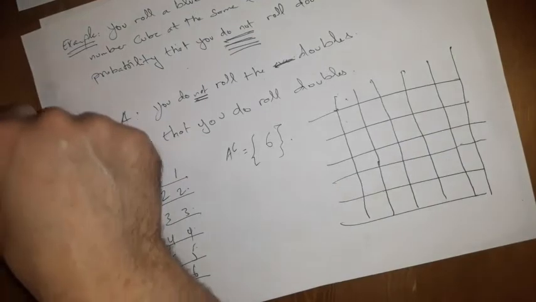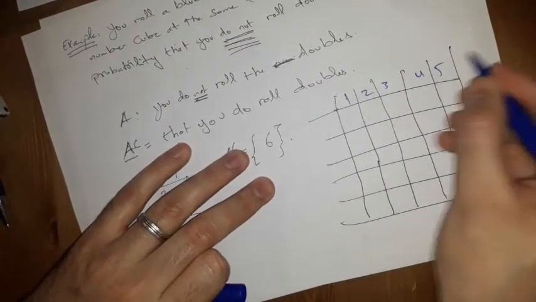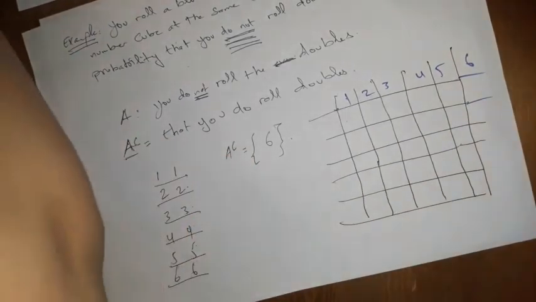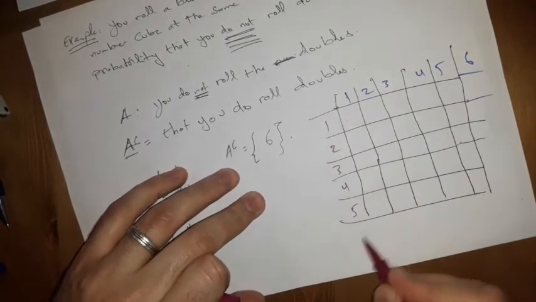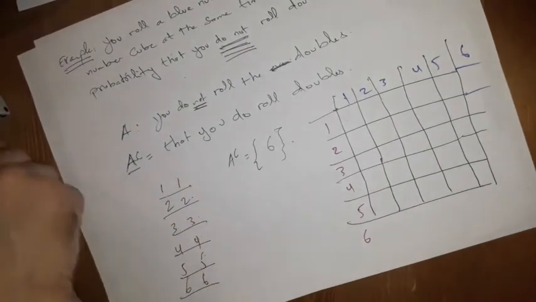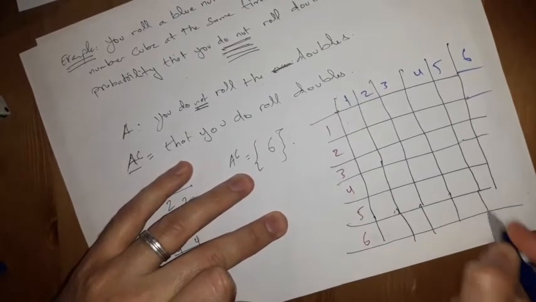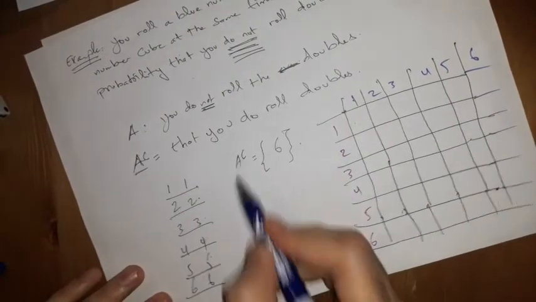The blue is 1, 2, 3, 4, 5, and 6, and the white is also 1, 2, 3, 4, 5, and 6, right? In this case, just to understand better, otherwise we can go straight and talk about the complement of an event.